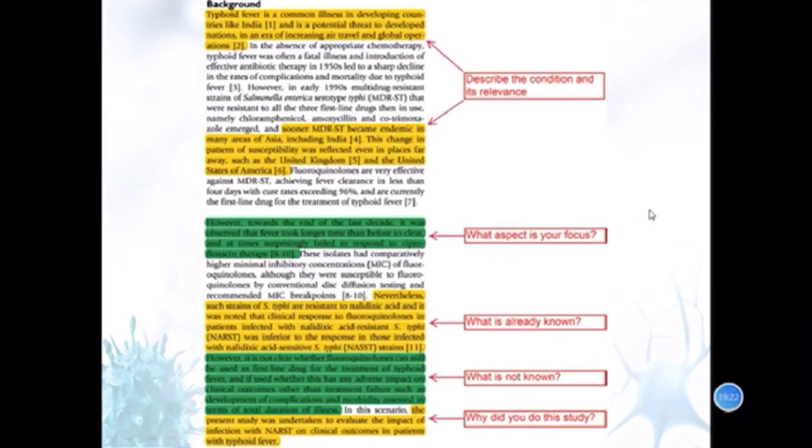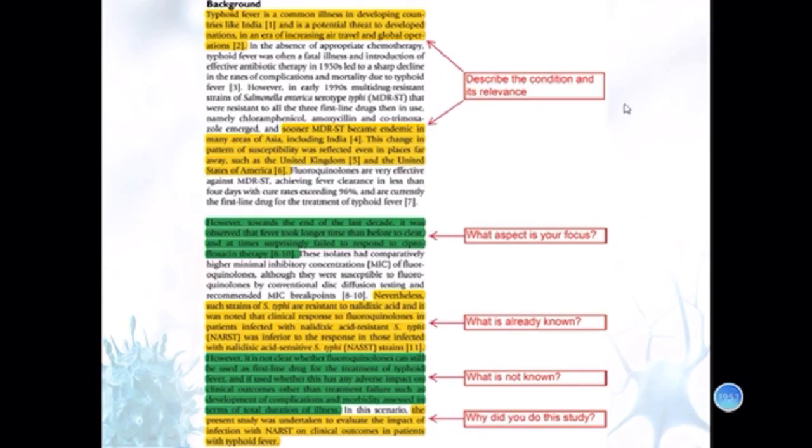So, usually for the introduction, there are these steps, following the funnel shape. First, describe the condition and its relevance, with the main important references here, and then go to what aspect is your focus.